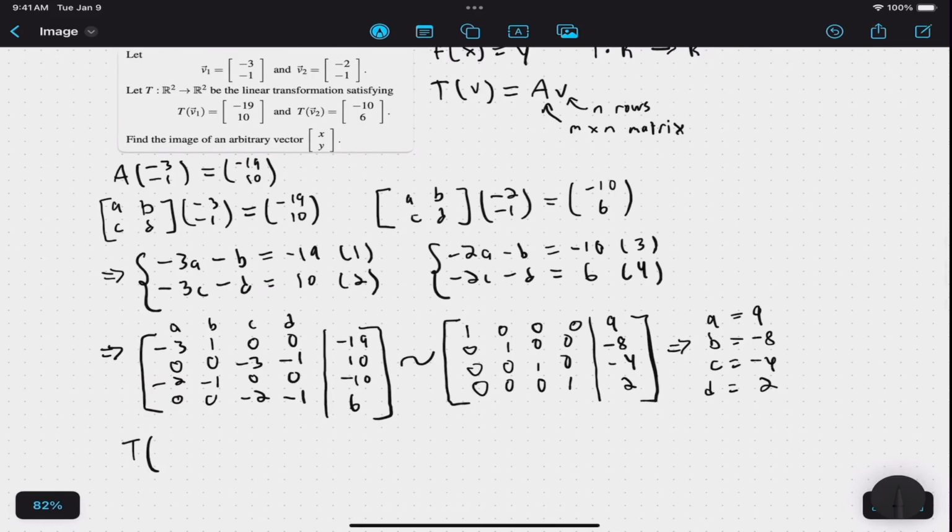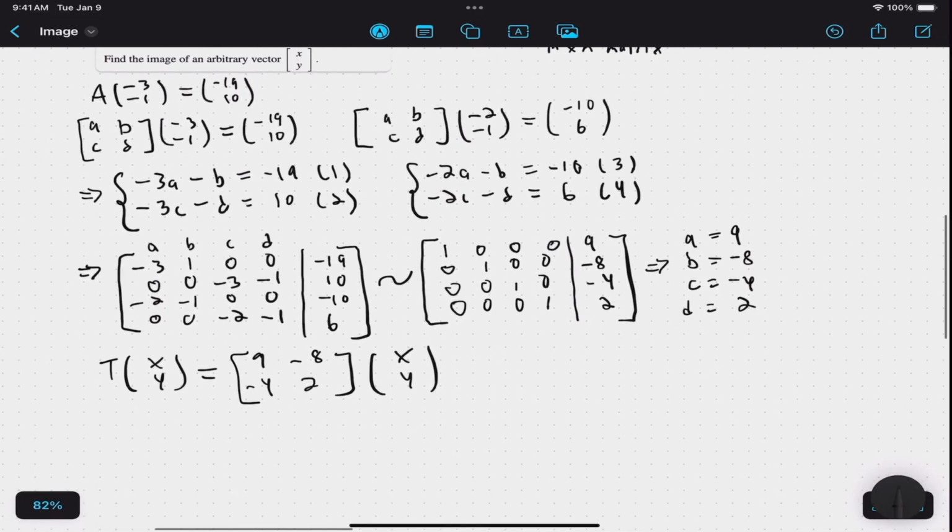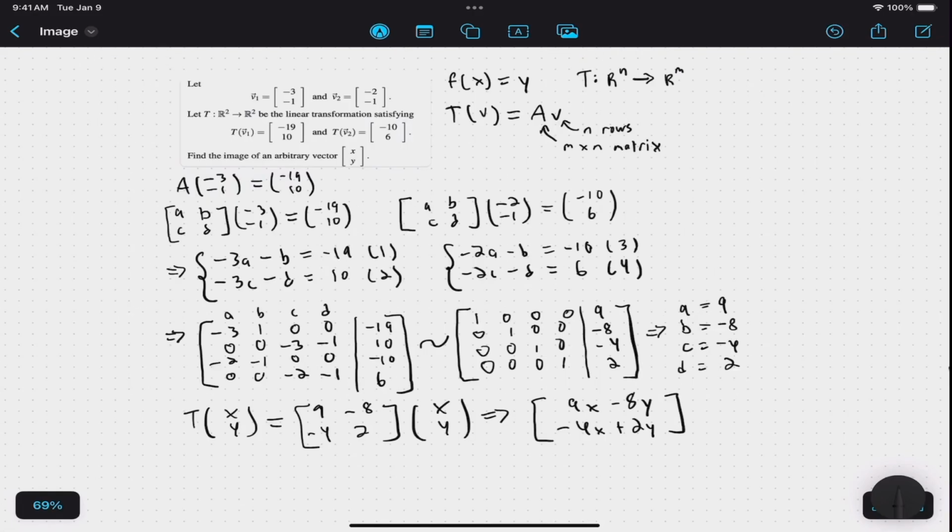So T times an arbitrary vector, let's say xy, is equal to A, which we have, times the input vector. And if we do the multiplication, 9x minus 8y, and -4x plus 2y. So now we can put in any x and any y, and it will give us our output vector.